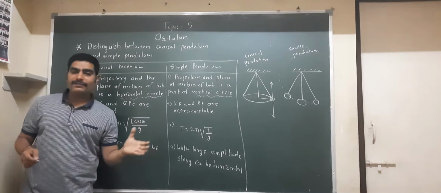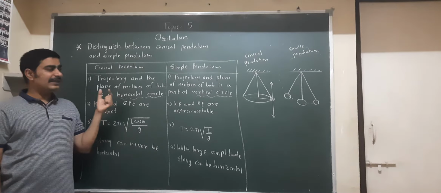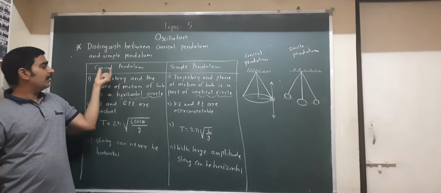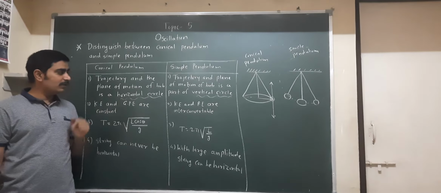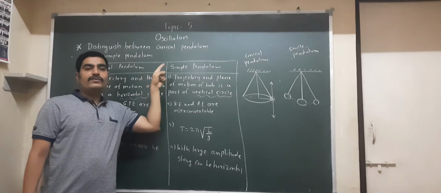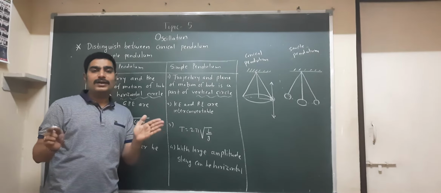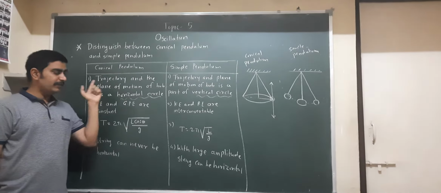If somebody has difficulty in writing this, then he can write in short words: the path of the conical pendulum is like a horizontal circle, and the path of a simple pendulum is like a vertical circle. In simple words also you can distinguish. That is the first point.